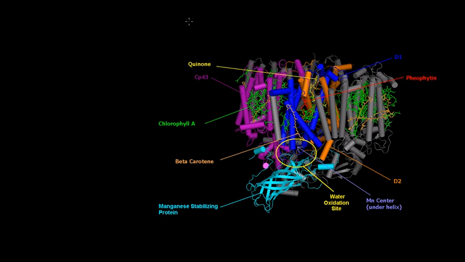Antenna molecules are other types of chlorophyll and actually other types of molecules. And so a photon, or a set of photons, comes here, and maybe it excites some electrons that are not in chlorophyll A. It could be in some of these other types of chlorophyll, or in some of these other pigment molecules that will absorb these photons. And then their electrons get excited, and you can almost imagine it as a vibration.